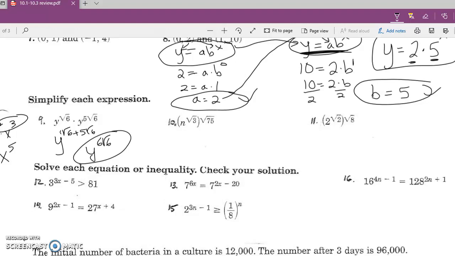This one is a power to a power. So number 10, if you think of a basic one, if I had n to the third to the fifth, that would be n to the 15th. Well, same thing here. You would multiply your exponents. So you would do n to the root 3 times root 75, which is n to the root 225, which is n to the 15th.